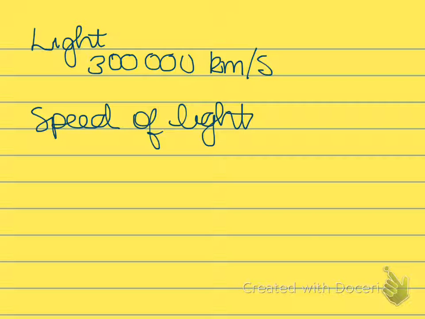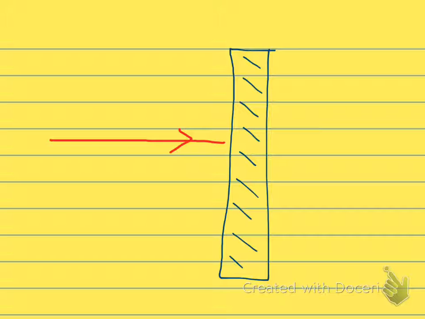Refraction occurs when light travels through a different type of material and light is actually slowed down. So here's an example. This is my window, the blue thing, and here's my light ray going through. This is air, and this is glass. The window's made of glass.